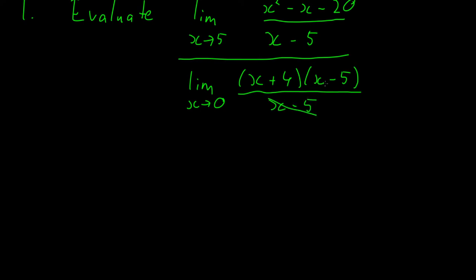We can see these two cancel out. We're left with x plus 4, and as we know, x is approaching 5, so it'll be 9. So that's the answer to question 1. It's just 9.